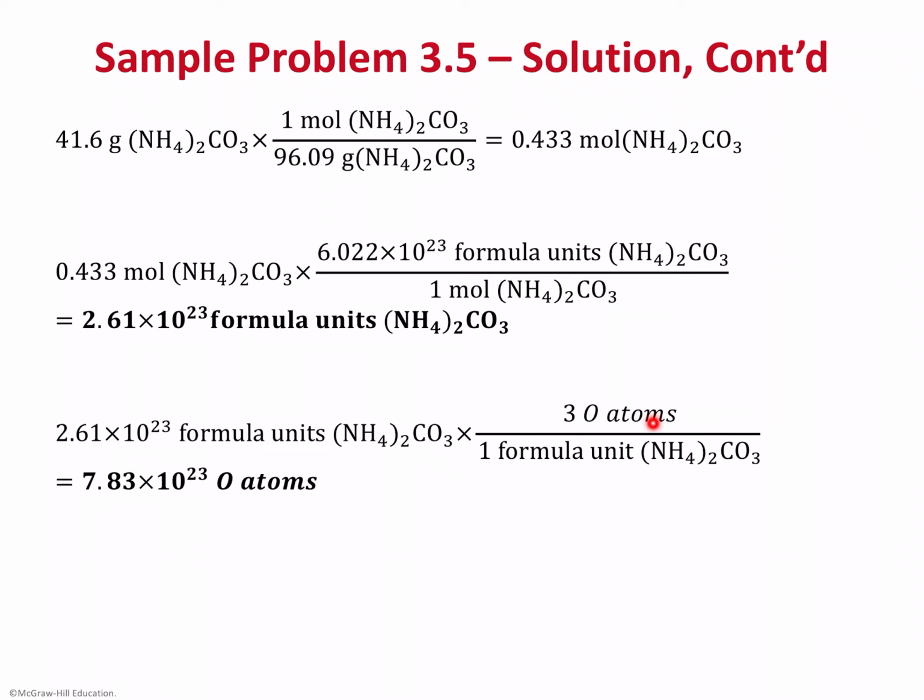So basically you multiply this number by 3, because if you take 1 formula unit, there are 3 oxygen atoms. That will give you the number of oxygen atoms.